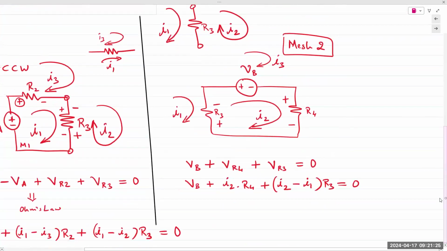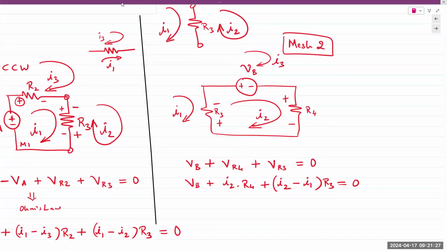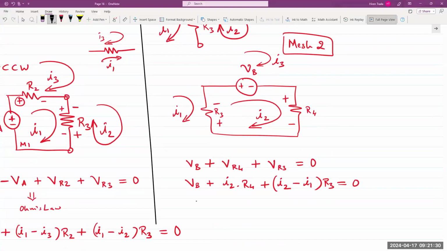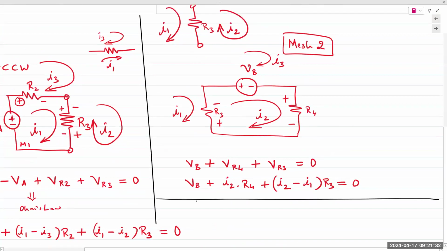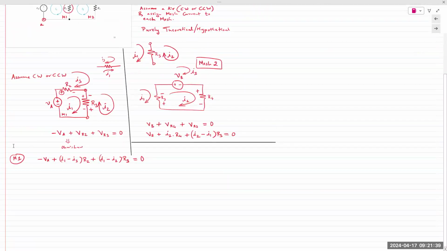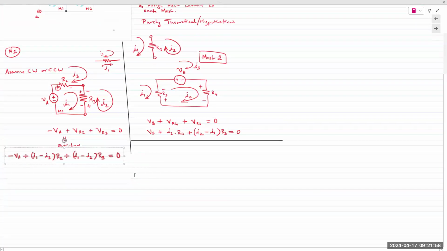Then let's look at mesh 3. Let me move this to the side. Okay.